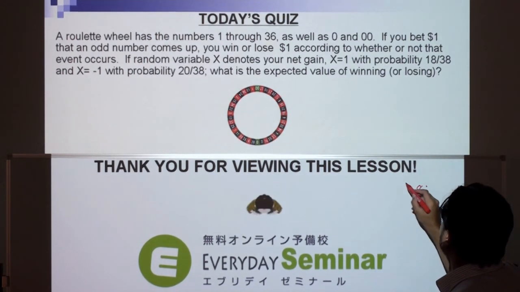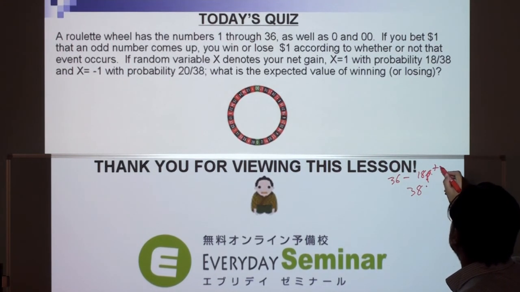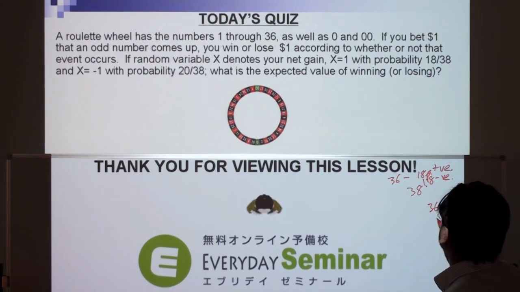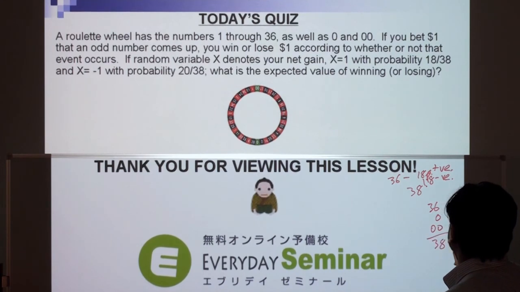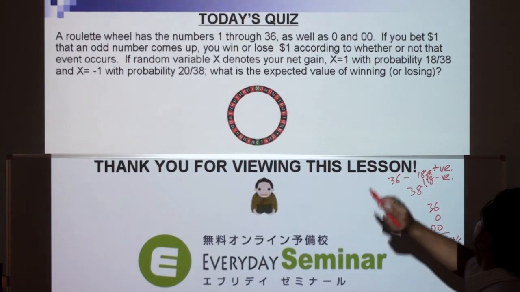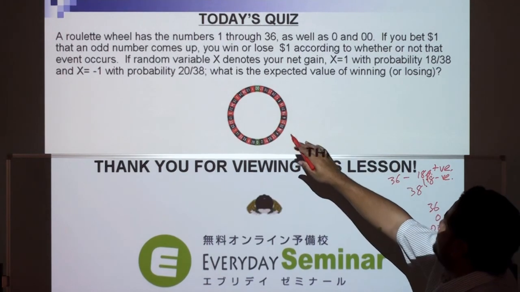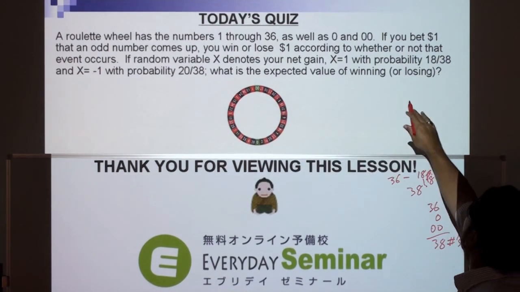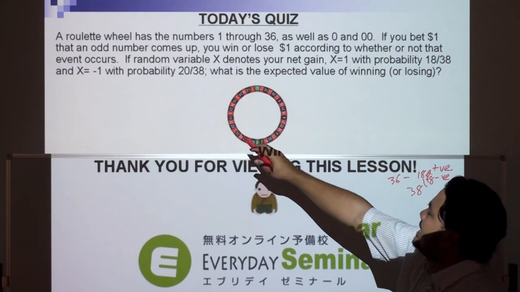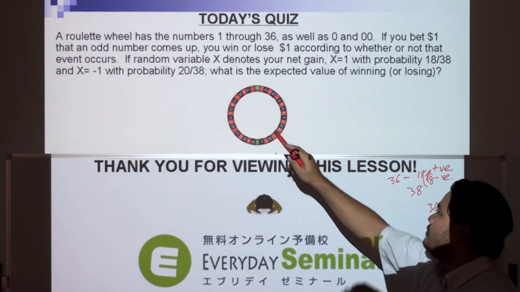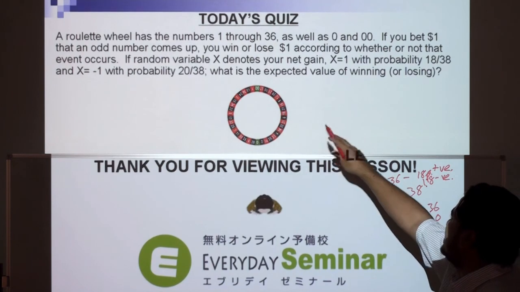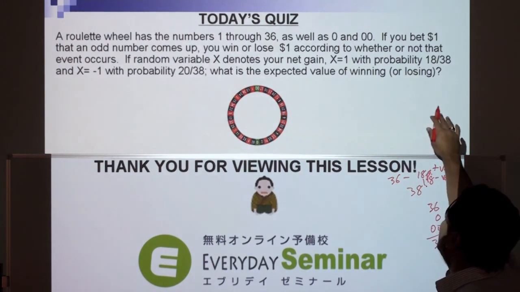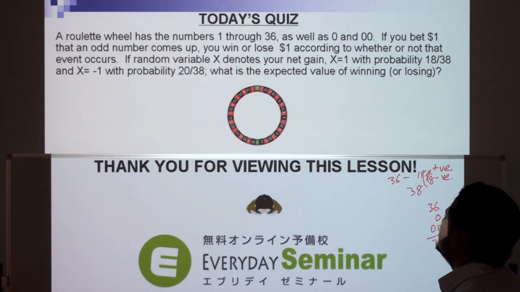Notice that we have 38: 36 numbers, 18 odd and 18 even, plus the 0 and the 00, 38 numbers. And x equals -1 if you lose $1, with probability 20 over 38. What is the expected value of winning or losing? Another real-world question. We'll go through the answer in our next lesson.